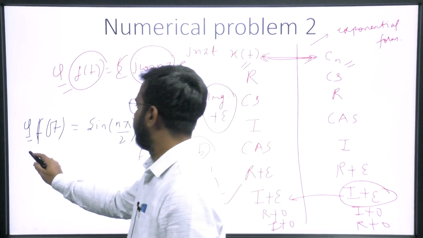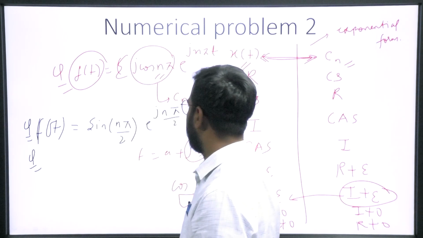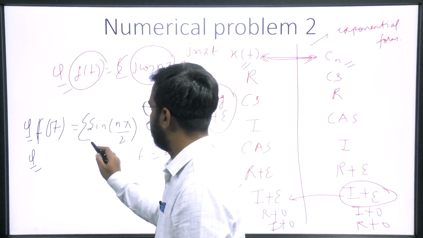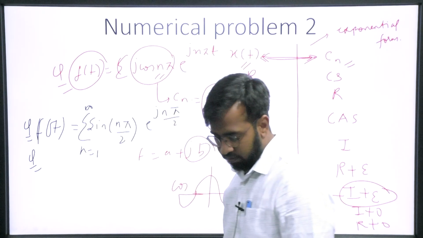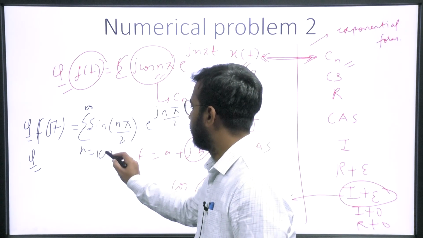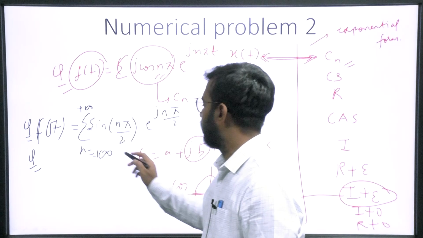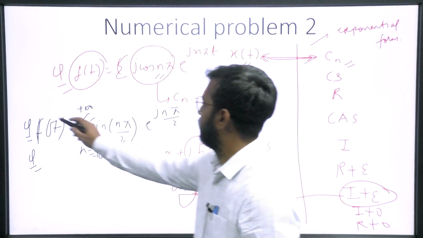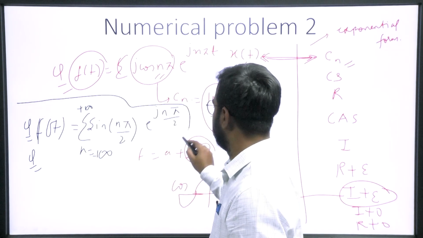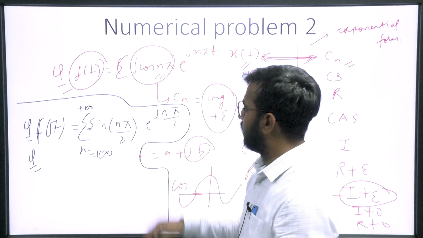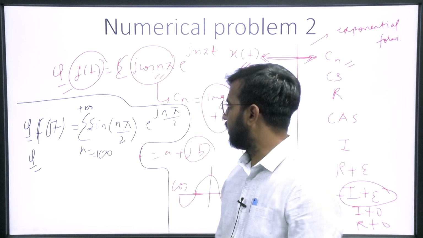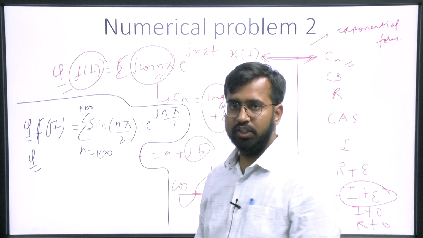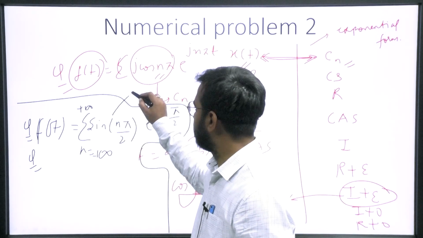If this is the problem, okay, and it is summation n is equal to 1 to infinite. So, if someone wants to know what is the nature of this function, how can we say? See, what are we given? We are given Cn. So, basically this is the Cn value.